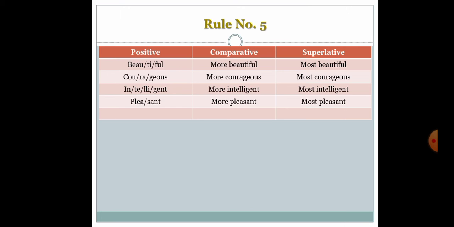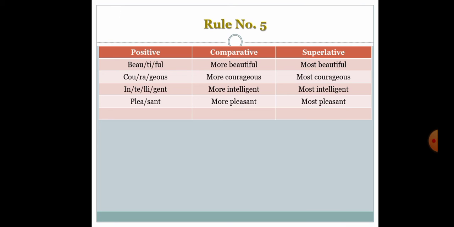The syllables depend upon the vowel sound in a particular adjective. It's vowel sound, not vowels. So when we pronounce an adjective, you have to see how many syllables the word has.